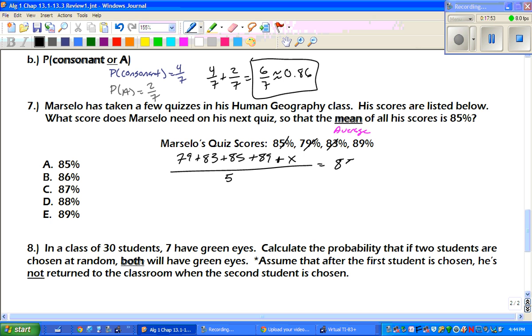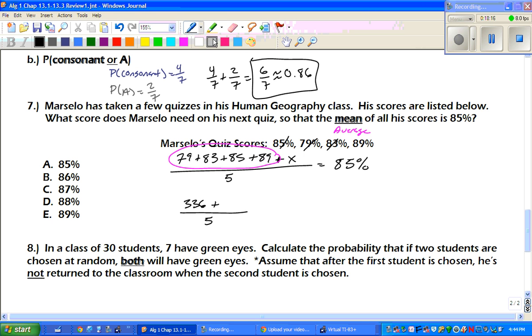And we want that to equal exactly 85%. Okay? So what we're going to do is we're going to add all those numbers up. And actually, I want you to add these 4 up first. Okay? Add those 4 up. You should have gotten 336.